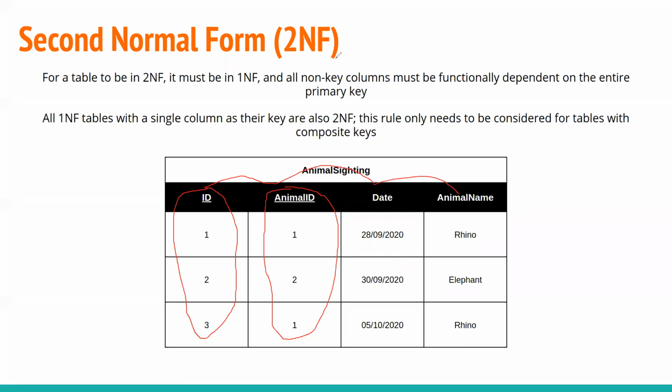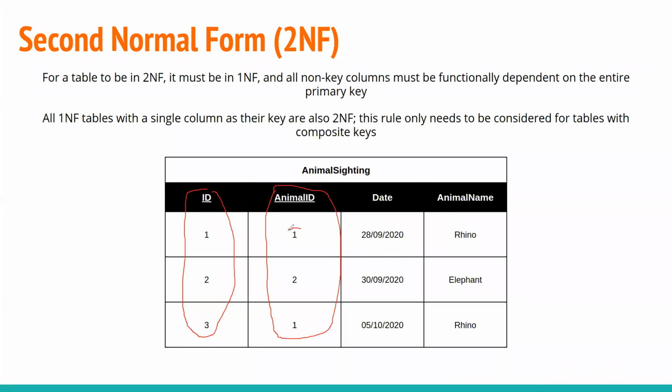Animal name is functionally dependent on ID. So that works. Okay. So the problem we run into here is that ID is not our entire primary key. We also have to consider animal ID. And in this scenario, it's not anymore.